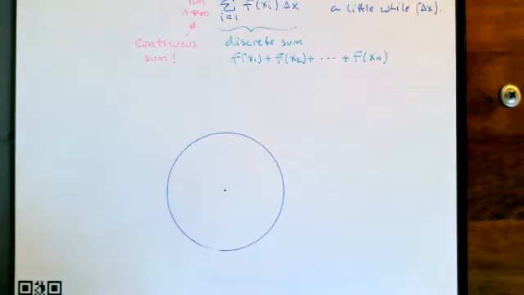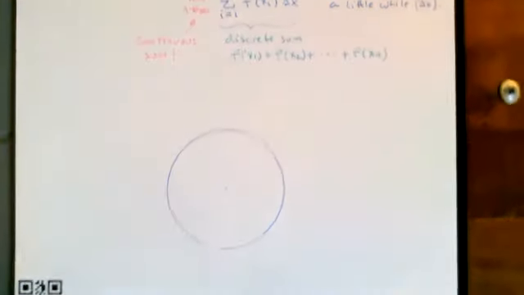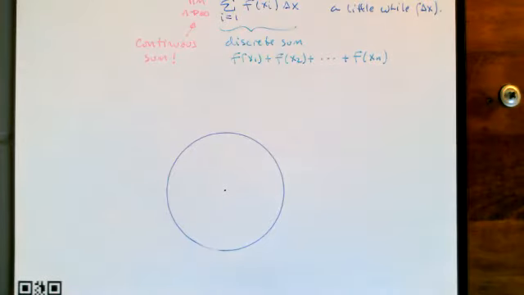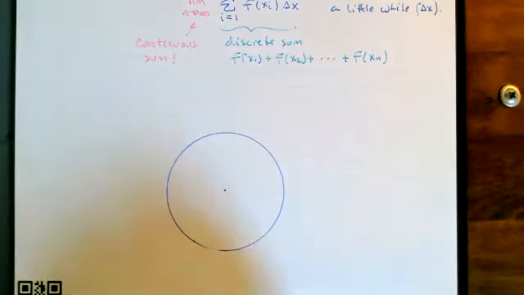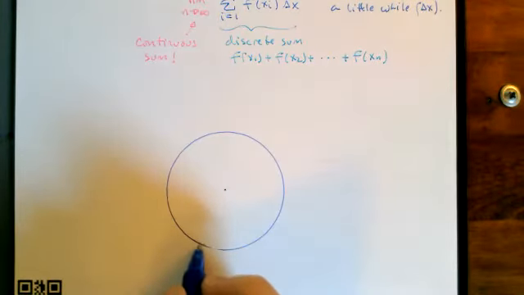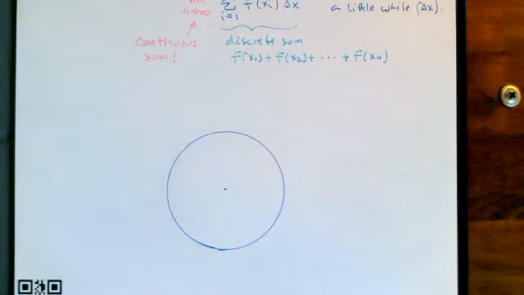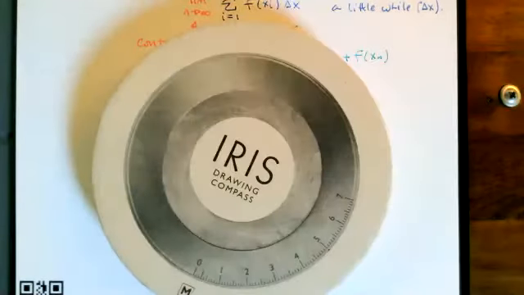All right. This is my super cool drawing compass. It's the Iris. Hang on. I don't know if I've featured this in class before, but it's called the Iris drawing compass.